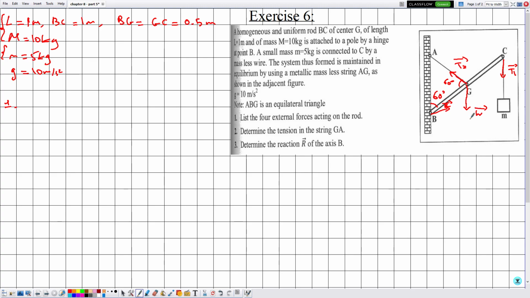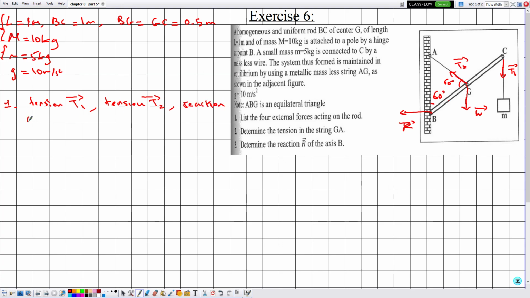Now let me draw the reaction to be something like this, just to make the figure clearer. Then we have the tension T1, tension T2, and the reaction R at the hinge.